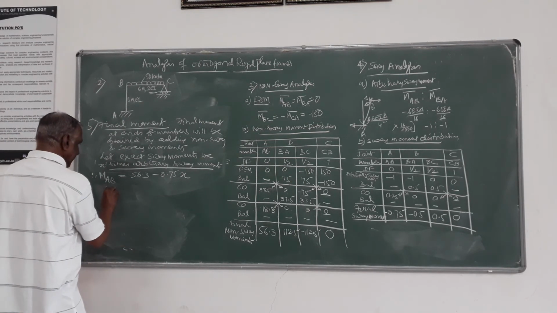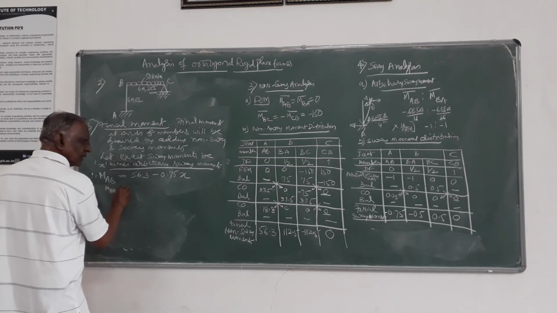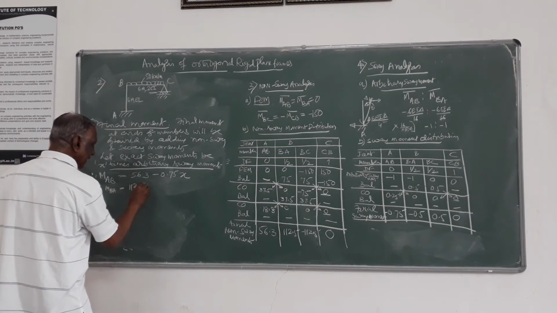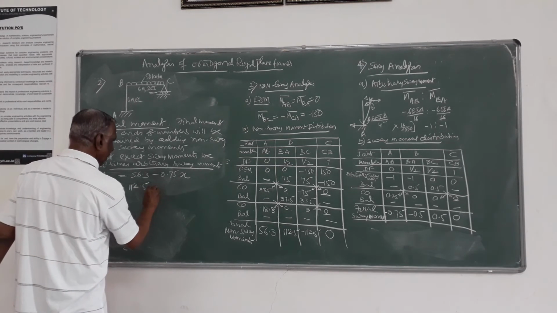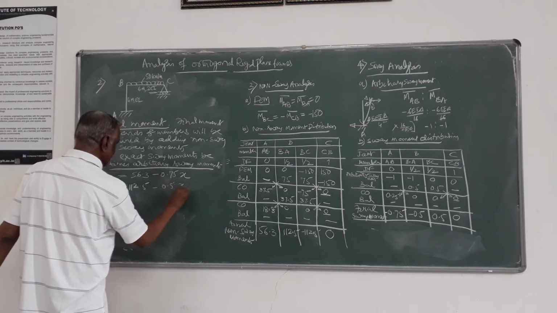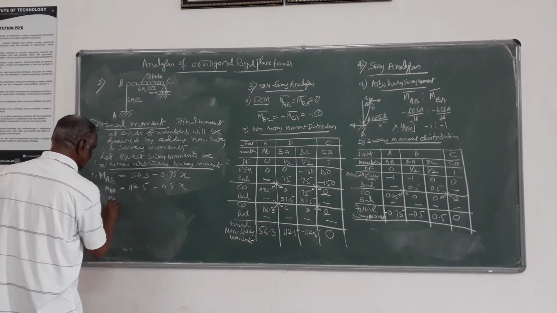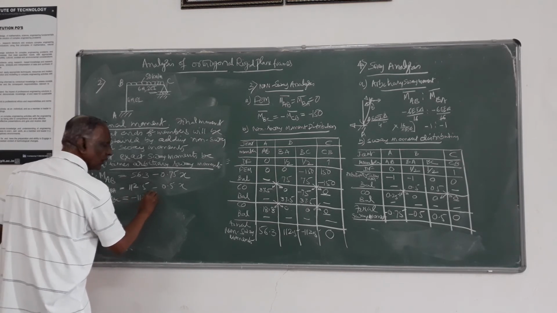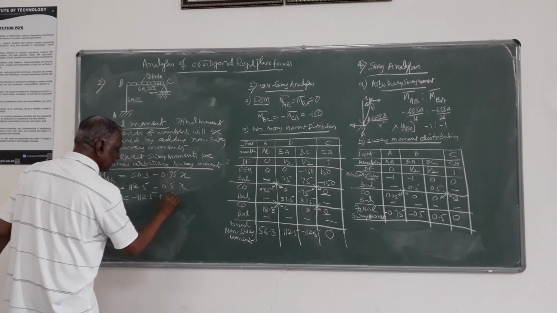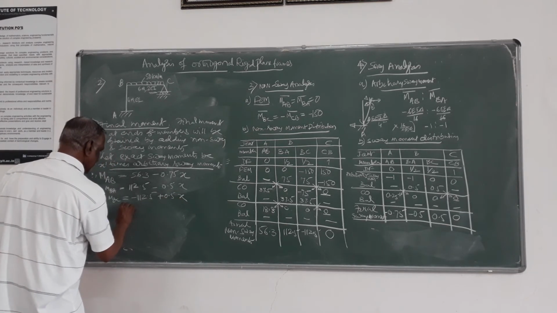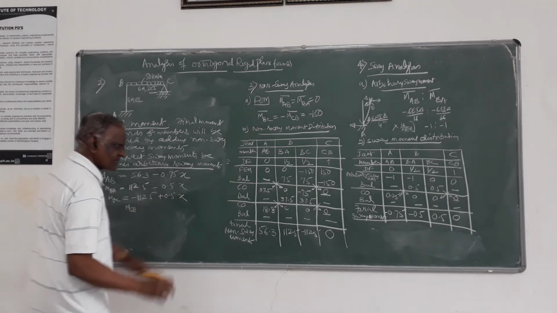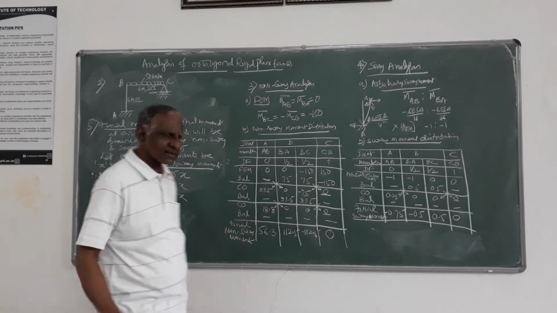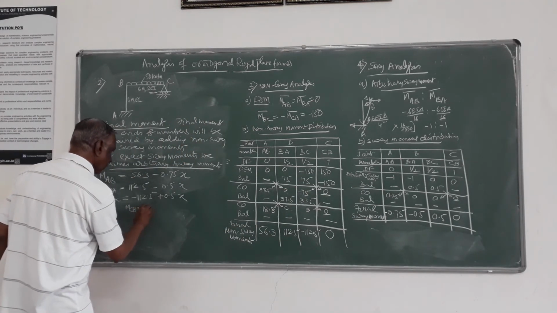Then MBA is 112.5 minus 0.5x, and MBC will be minus 112.5 plus 0.5x, and MCB is 0 plus 0 into x, it is 0 only.